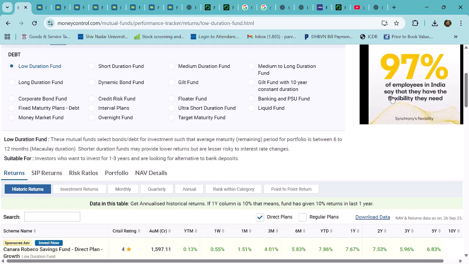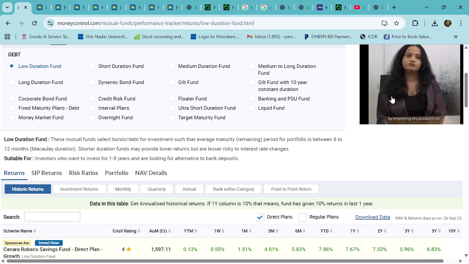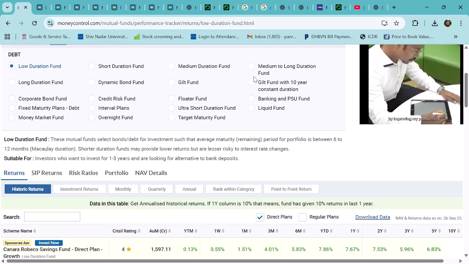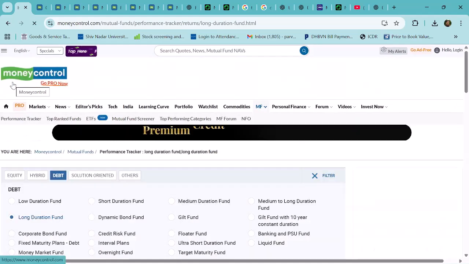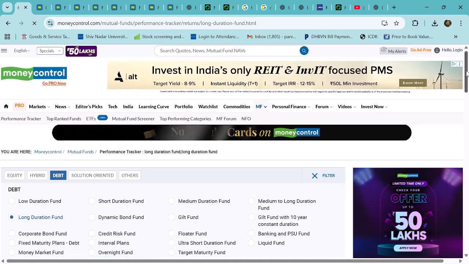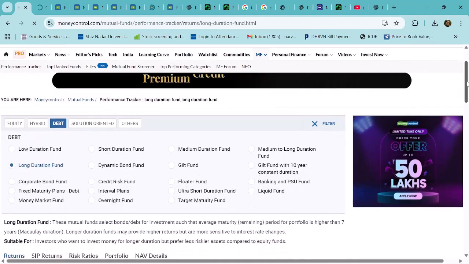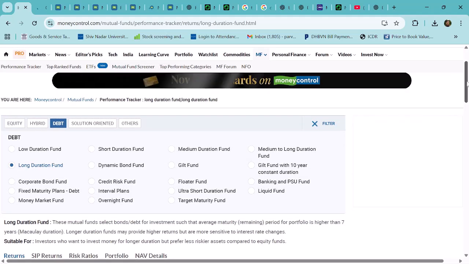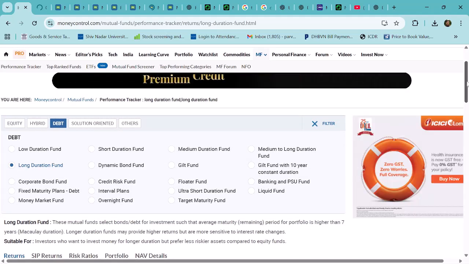Suppose you're holding a mutual fund which has invested in a long duration fund, for example, this one. Which would have normally a very high modified duration, so a 1% change in interest rate can change the bond value by a certain value depending on what is the modified duration.